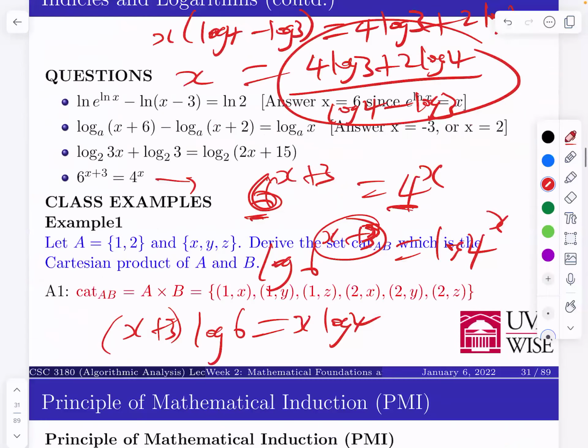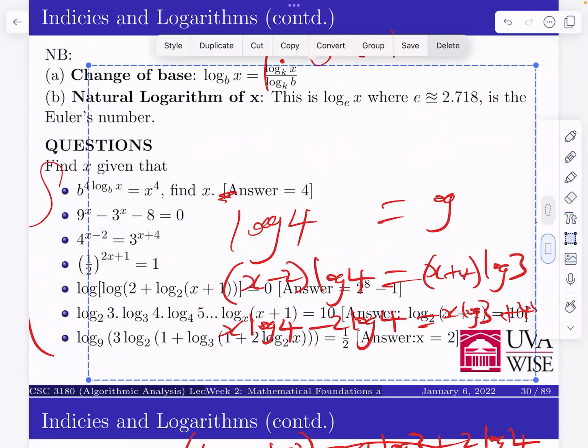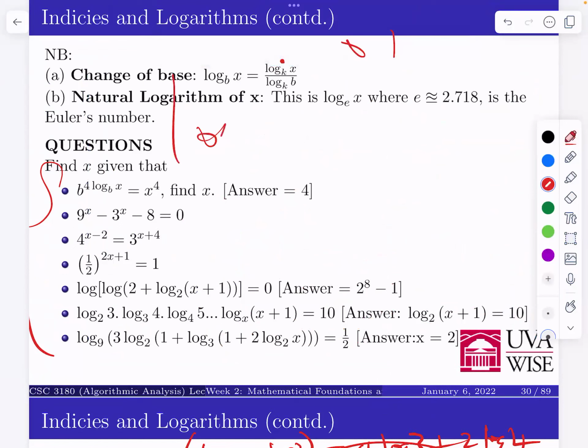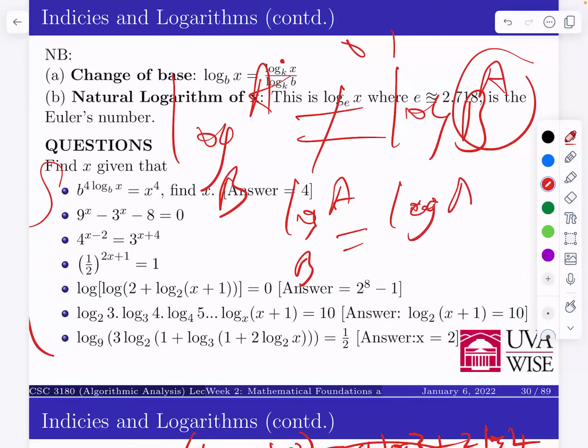The reason is this. Let me tell you the reason. Log of A to base B. Remember, once again, it's not the same thing as this, so you have to be careful. This is just B to power A. But if I'm saying log of A to base B, it actually means log of A divided by log of B. Now, log of 1 is 0.